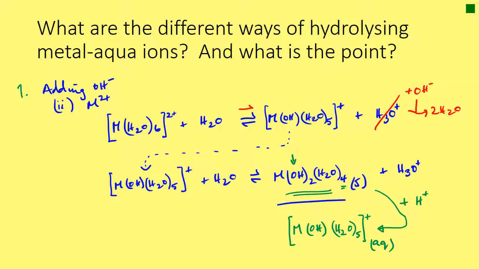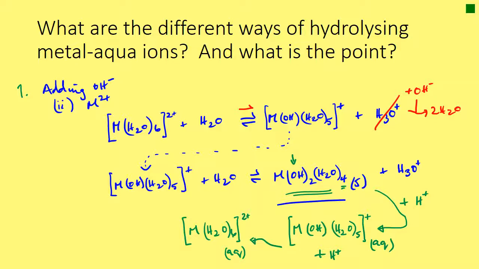So we can add another hydrogen ion to this, in which case we would get back to where we started from with our metal 2+ ion, and in this case now the remaining hydroxide ligand has turned back into a water ligand, so we have not 5 but 6 water ligands, and we have a 2+ charge on our complex, which again is still aqueous.